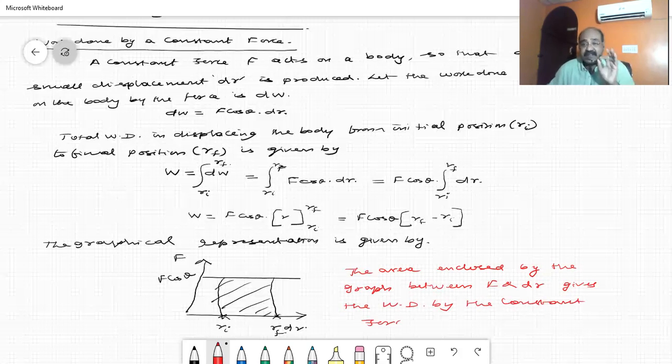Since the force is considered to be constant, the force is represented by a line parallel to the x-axis. This we call the work done by a constant force.